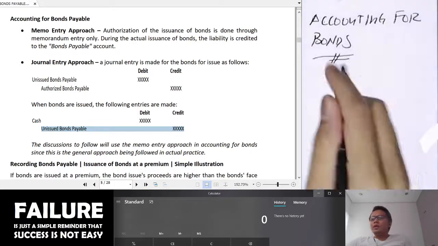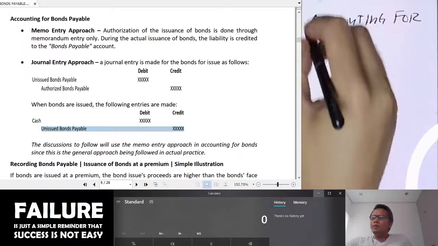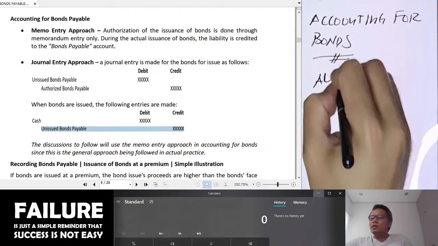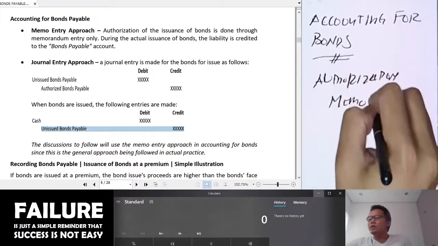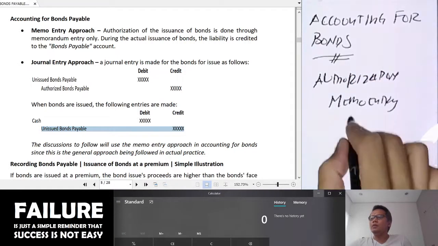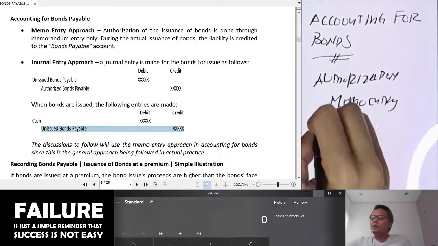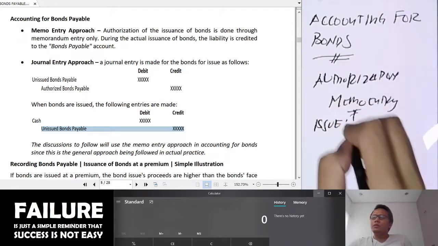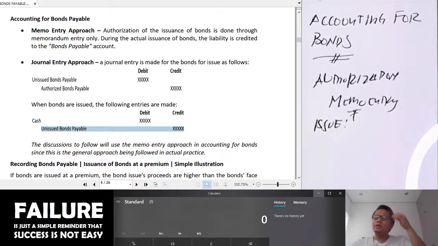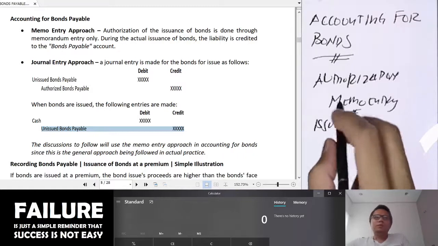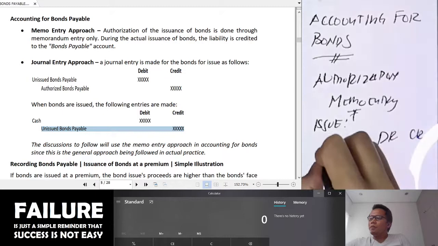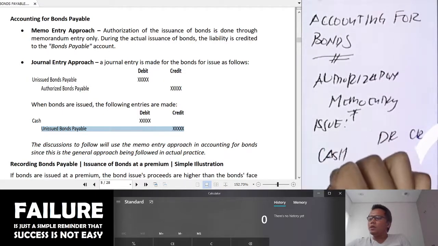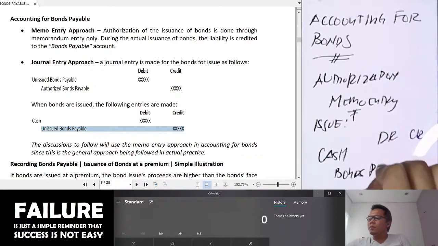Under the memo approach again, on the date of authorization, we only make a memo entry. However, on the date of issue, what we do, which is the most common approach, is to debit cash and credit bonds payable.